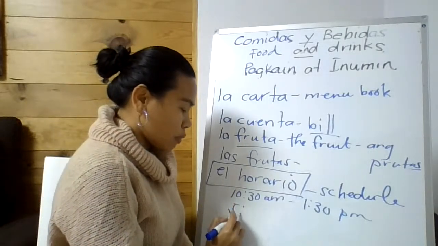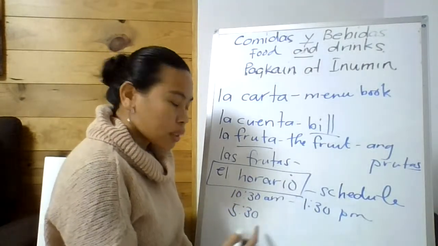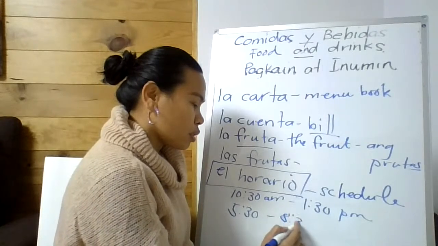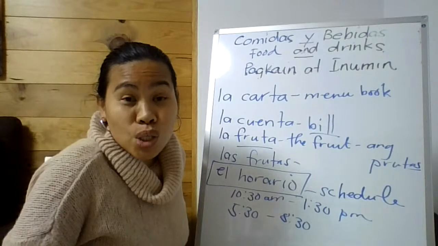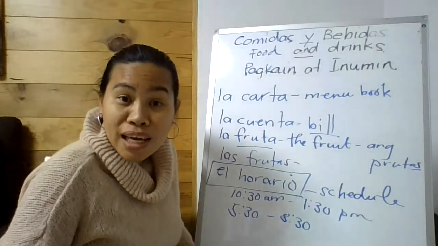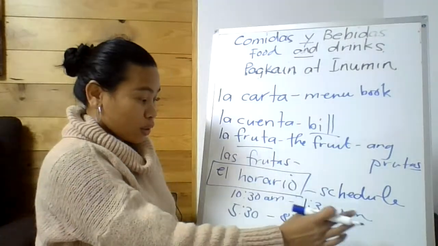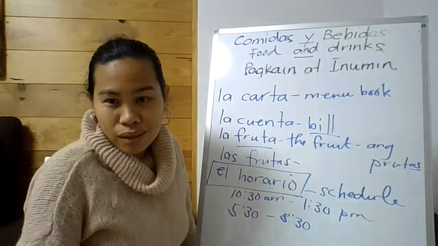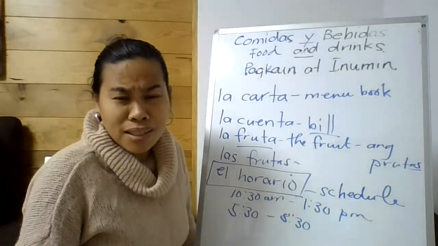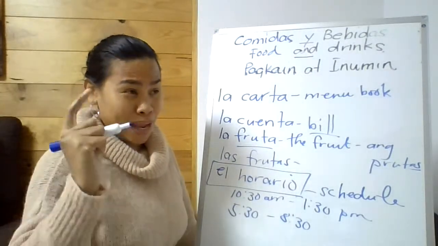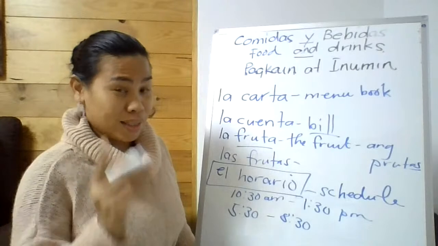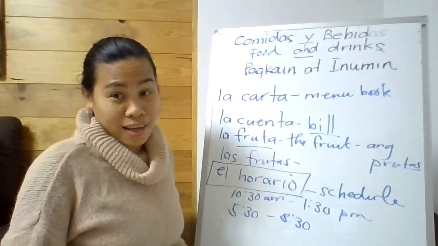So in the afternoon, they will open the shop 5:30 up to 8:30. So they close the shops and the offices at 1:30 to 5:30. That is their siesta time. Siesta in Spain is very important. After every lunch, they always have siesta.